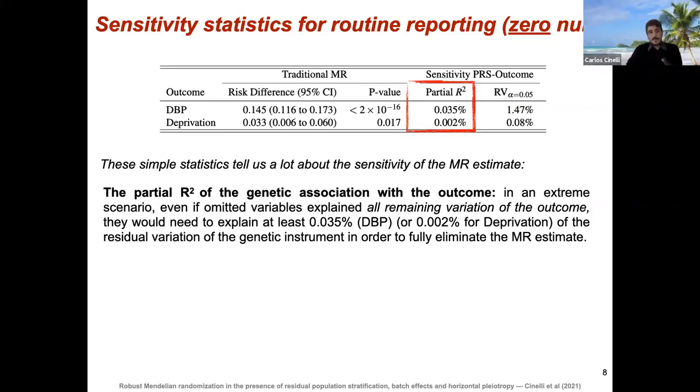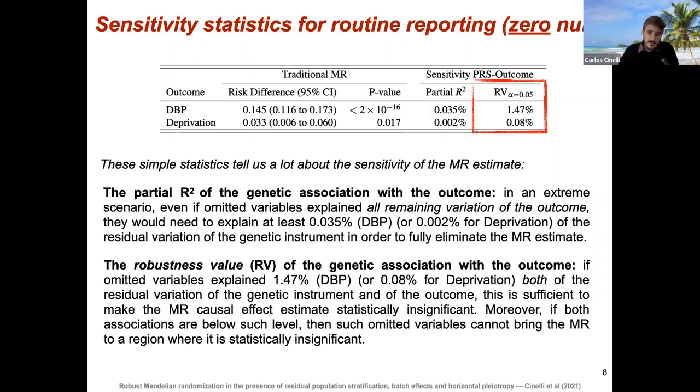Otherwise, such omitted variables are not logically capable of bringing down our MR estimate to 0. Now note that this number reduces to 0.02% in the case of deprivation, right? So although both estimates are statistically significant, the effect size here and the robustness to unmeasured variables is considerably different. But the partial R-squared may be true only in extreme scenarios.